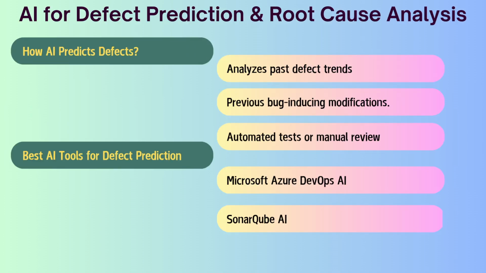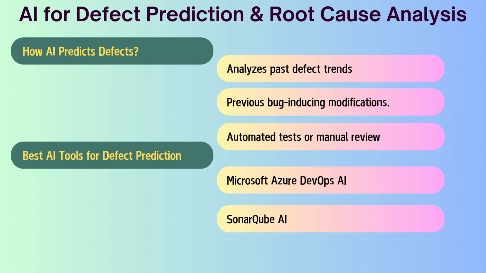Next is AI for defect prediction and root cause analysis. What if you could predict defects before they reach production? AI can analyze code changes and detect defects before they even occur.